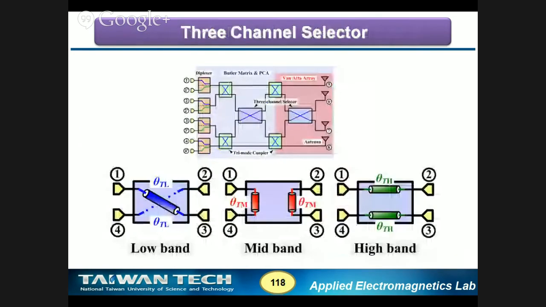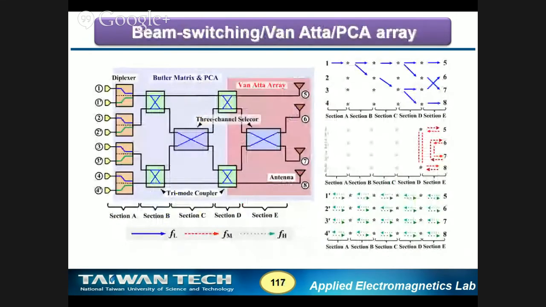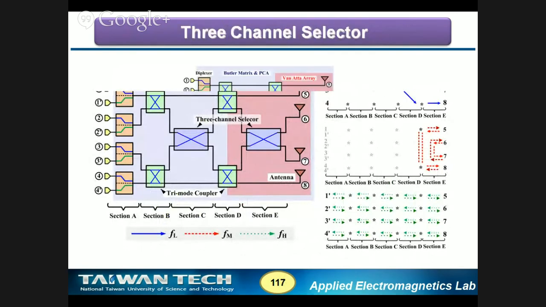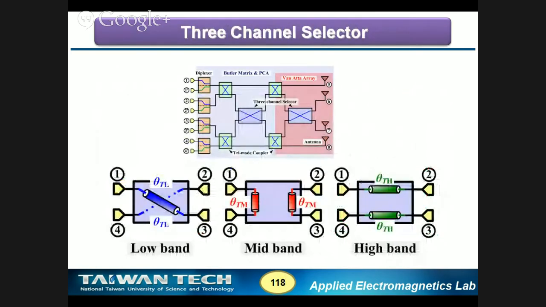Okay, so we now turn our attention to the core building block, which is the so-called 3-channel selector. In the low band, it is just a crossover. The signal is from port 1 to port 3, port 2 to port 4. But in the mid-band, the serial passes should be invisible, open circuit.